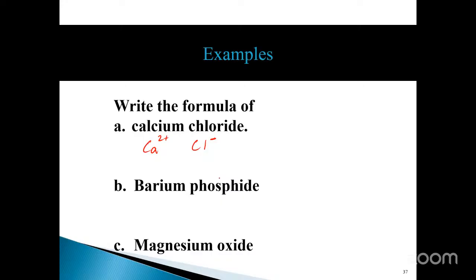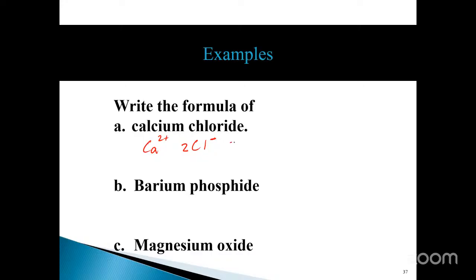So you have identified the ions. Now the question is, how do you put this together? Remember what I said earlier. The total number of plus charges must be equal to the total number of negative charges, right? As it is right now, that's not the case because you have a +2 charge here and a -1 charge here. So the question now becomes, how do you get the charges equalized? And the answer is you multiply this by 2. Because by doing that, you now end up with 2 negative charges, which will exactly cancel out the 2 plus charges.